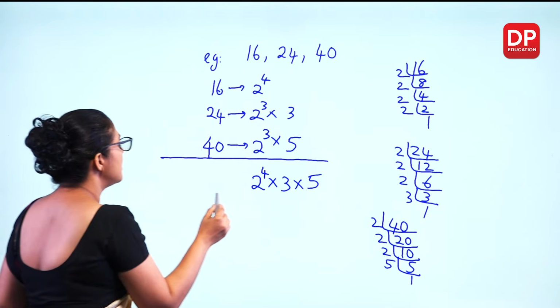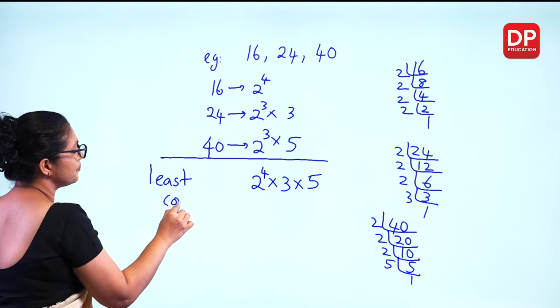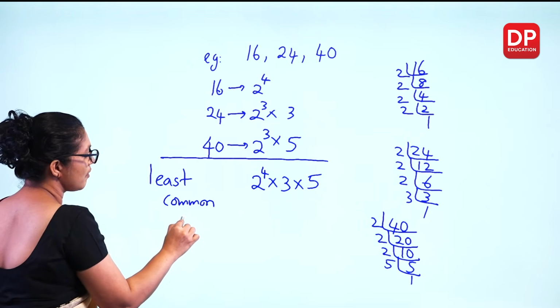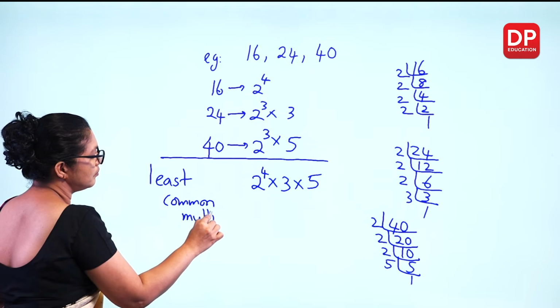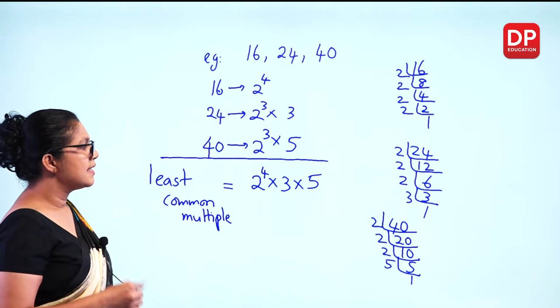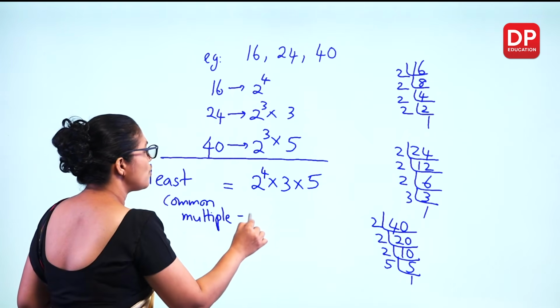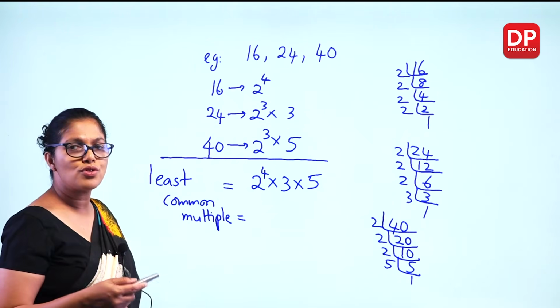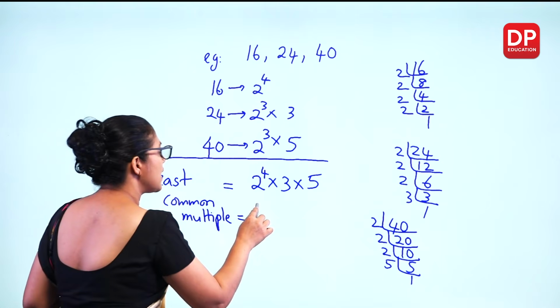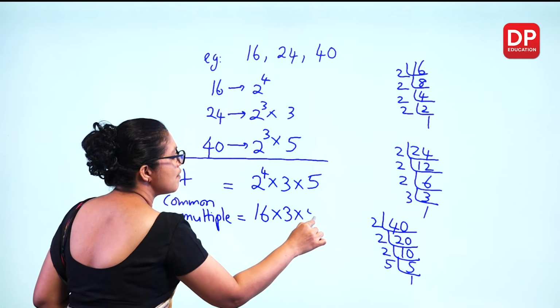So what's the least common multiple? The least common multiple is 2 to the power 4 into 3 times 5. So 2 to the power 4 is 2 times 2 times 2 times 2, you get 16, times 3 times 5.